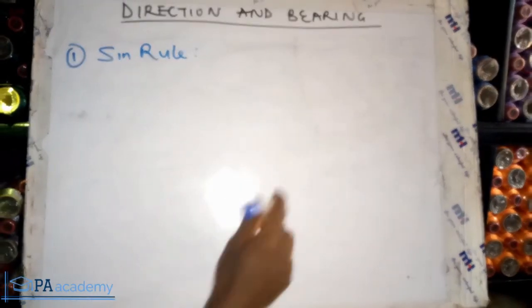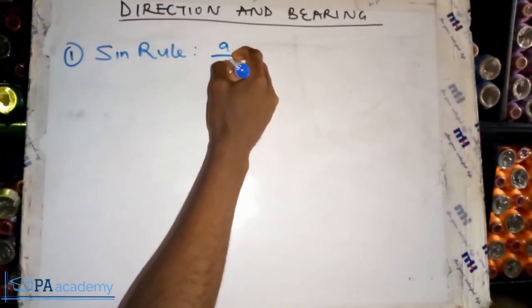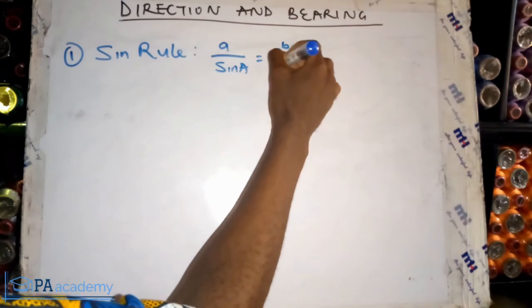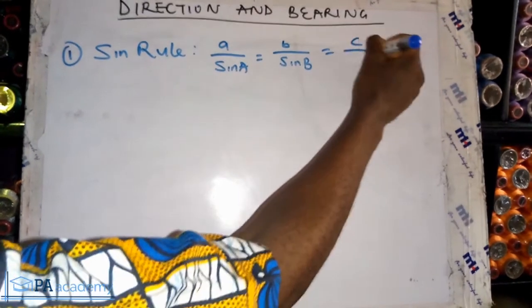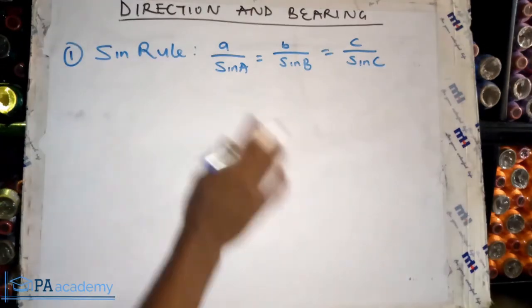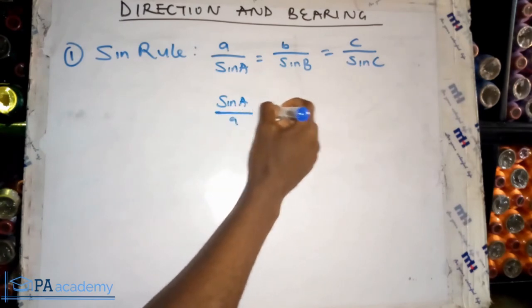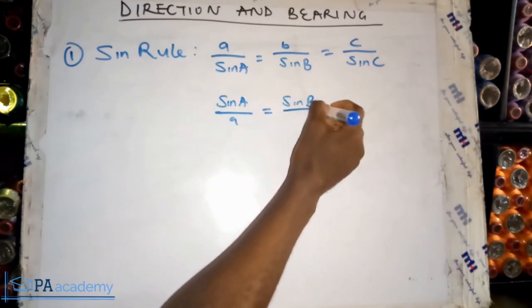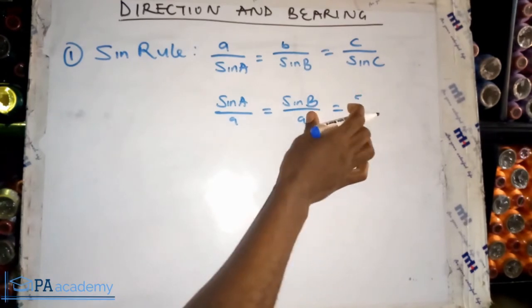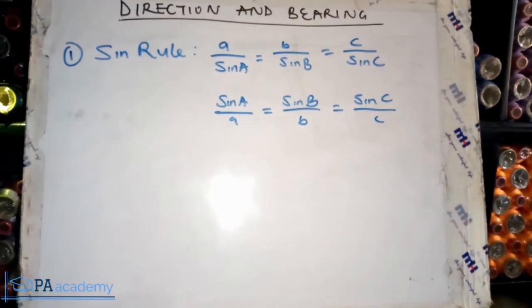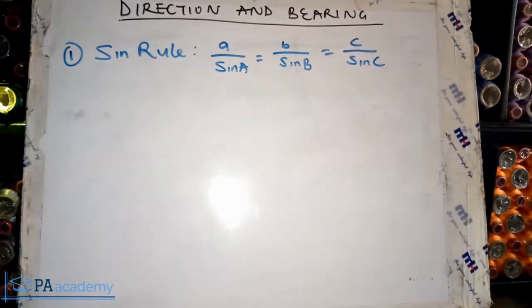The formula is given as A over sine A is equal to B over sine B is equal to C over sine C. It's also the same thing if you write it the other way: sine A over A is equal to sine B over B is equal to sine C over C. Either way, it is still the same thing. So that's the first formula that you use to solve questions under bearing.